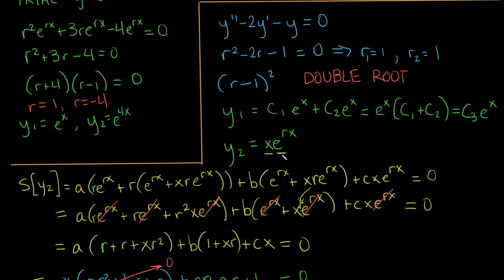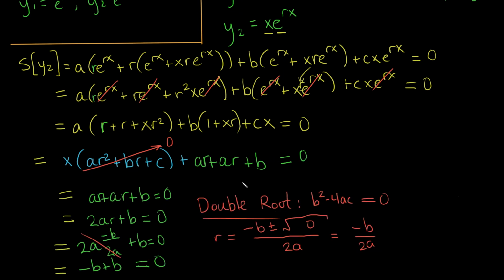That tells us that a general solution to the double root case is some constant times e to your only rx plus some other constant times your actual variable x times e to the rx.